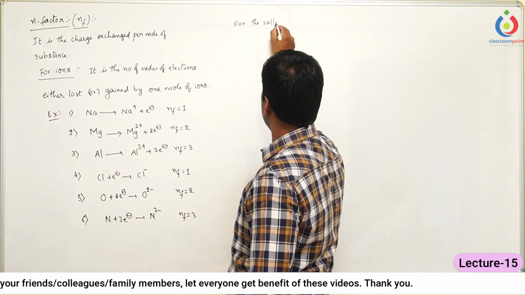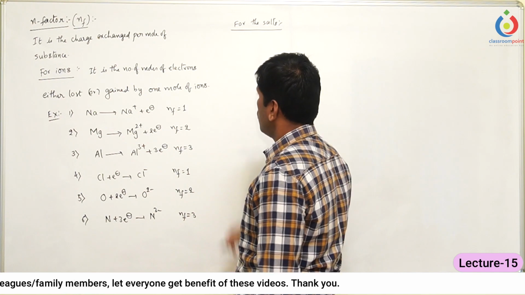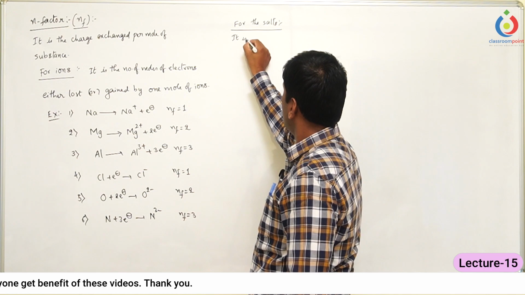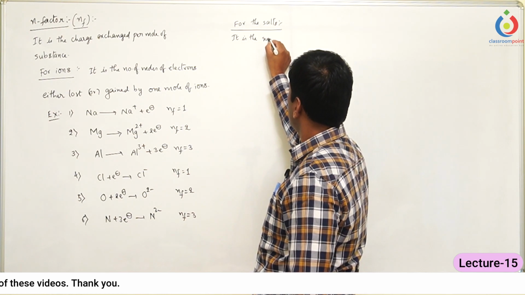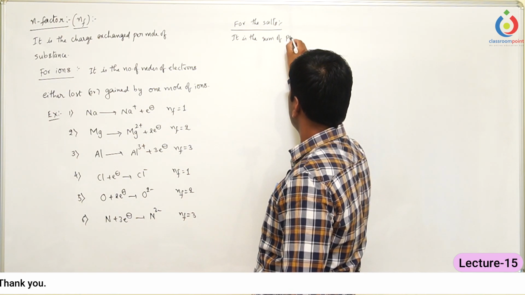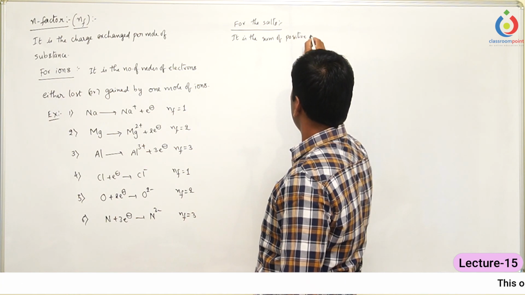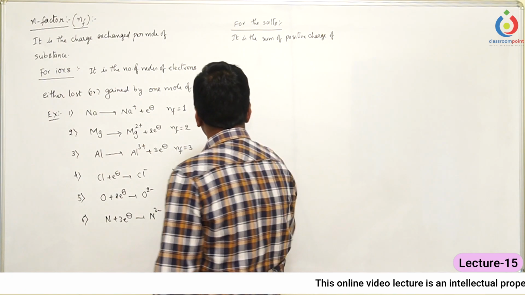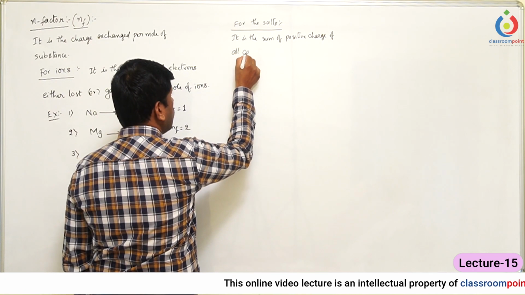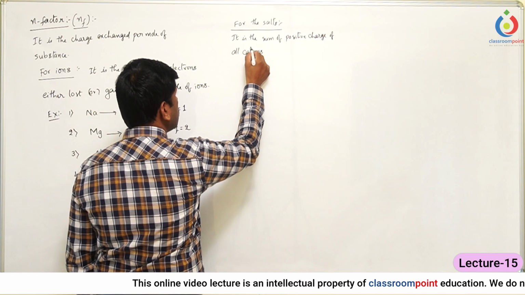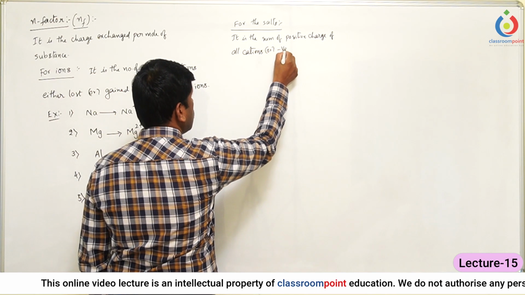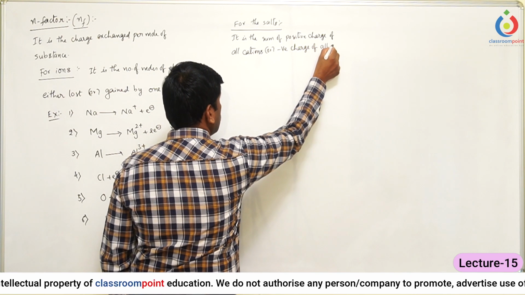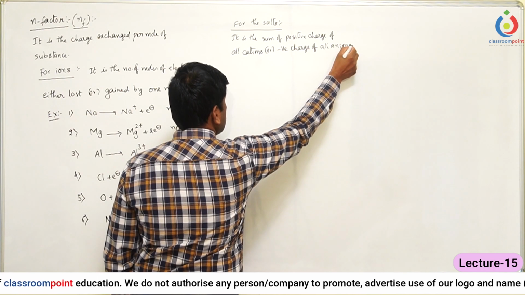Now let us see the salts. In the case of salts, it is the sum of the positive charge of all cations or the negative charge of all anions.